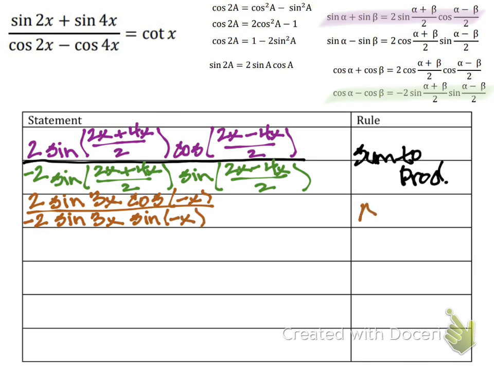And again, that's just algebra, right? We just did some addition. And then we can do some canceling, right? So the 2's are gone and the sine of 3x is gone. So I'm left with the cosine of negative x over negative sine negative x.